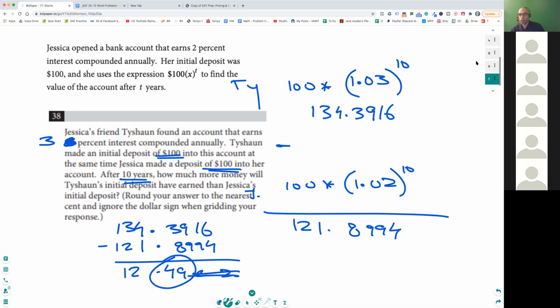Okay, very good. I know this is not an easy problem. Look, this is problem number 38, so this is the last problem. So 1.02, yes, you're right. Jessica opens a bank account that earns 2% annual, right over here. So it's a continuation of the last problem. Yes, it was connected. You're right. I didn't mention that, but yeah, it was connected.